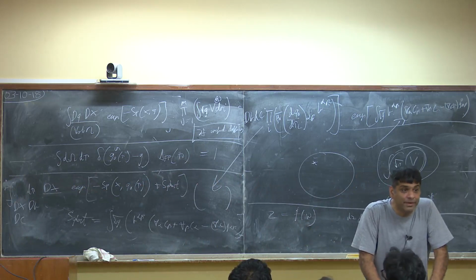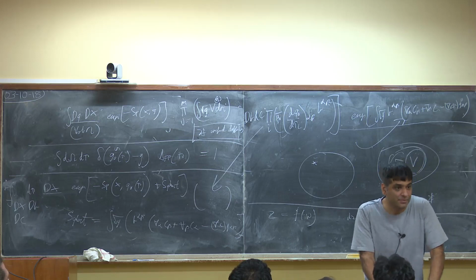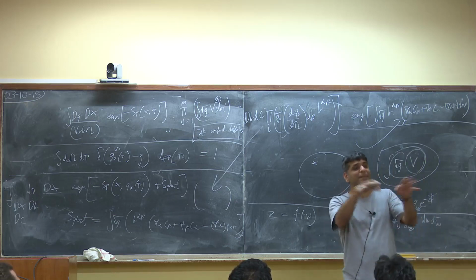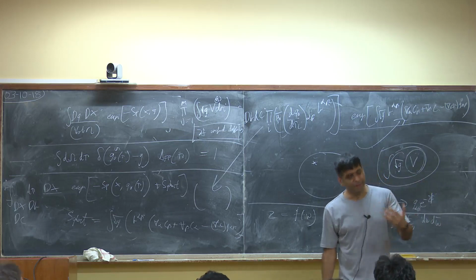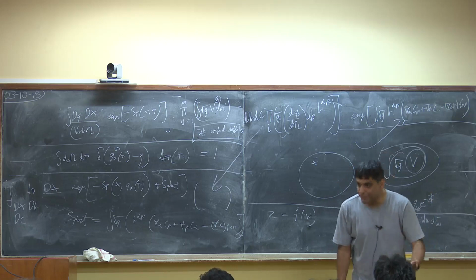M is what? No, totally different. M is the number of inequivalent metrics. The number of parameters in the metrics that cannot be related to each other by diffeomorphism transformations.